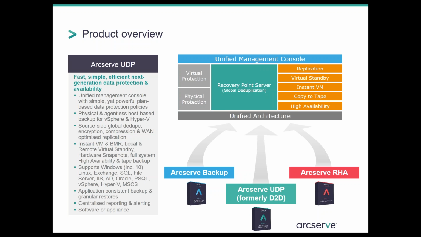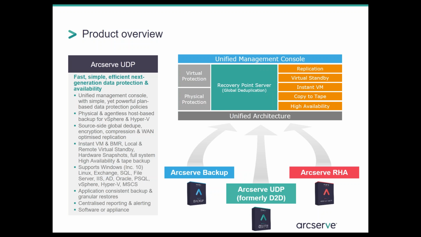At that full functionality level, we can perform replication between multiple sites. We can perform instant VMs where we can stand up a recovery point or a backup image into a virtual machine that's ready to run in VMware or Hyper-V.